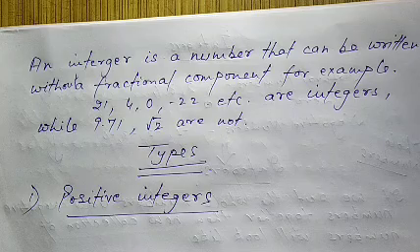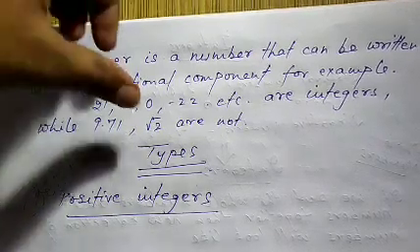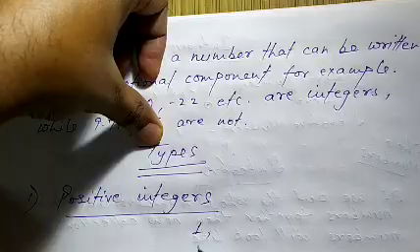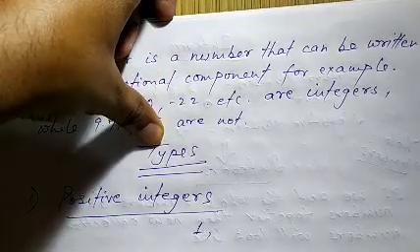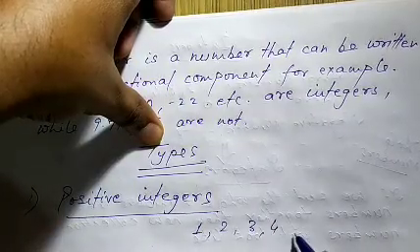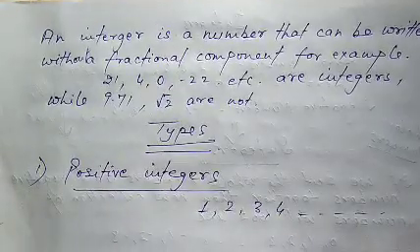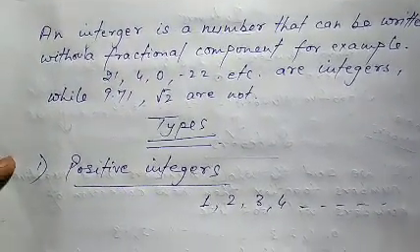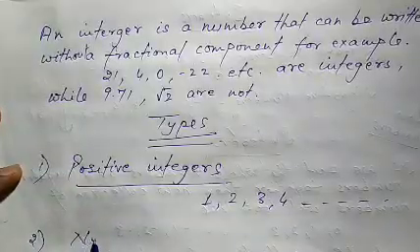These are the numbers you count up from, starting at 1, that have positive or increasing values like 1, 2, 3, 4 and so on. So these all are called what? Positive integers. What is the second type? Negative integers.